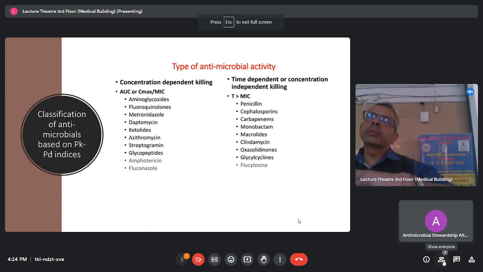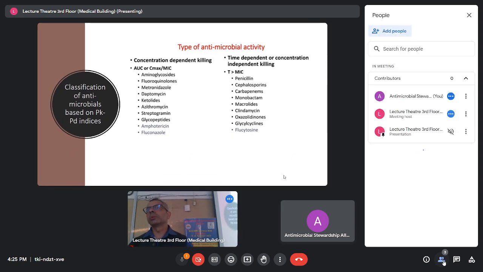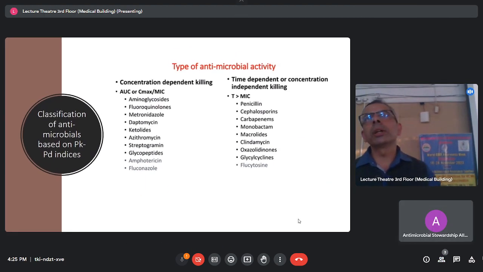Now, in contrast to this situation, when we talk about aminoglycosides, aminoglycosides have got concentration dependent killing. And quinolones, they have got concentration dependent killing where peak is more important. Peak in terms of how high we are giving it.